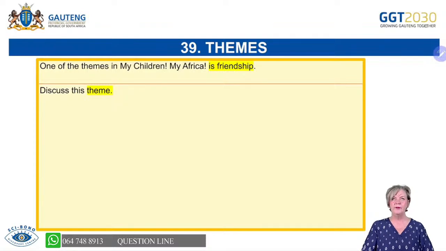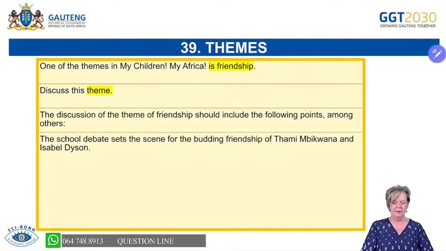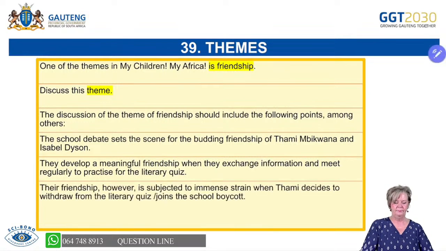Discuss this theme. The discussion of the theme of friendship should include the following points, among others. The school debate sets the scene for the budding friendship of Tommy Mbekwana and Isabel Dyson. They develop a meaningful relationship when they exchange information and meet regularly to practice for the literary quiz.